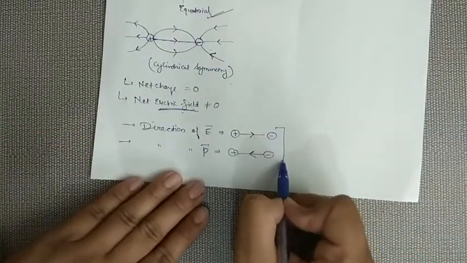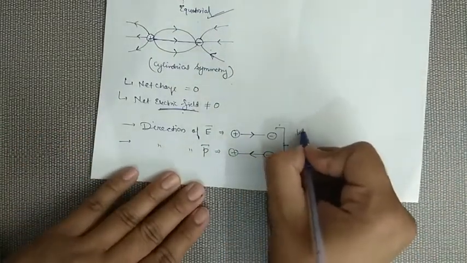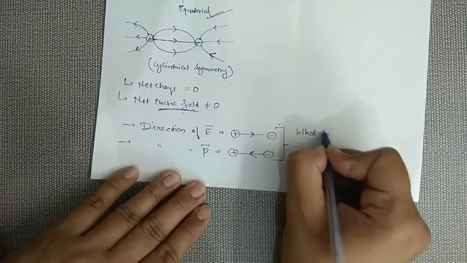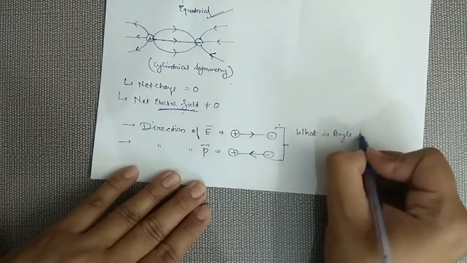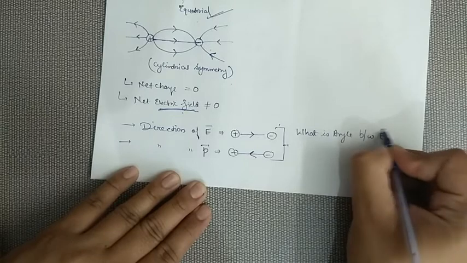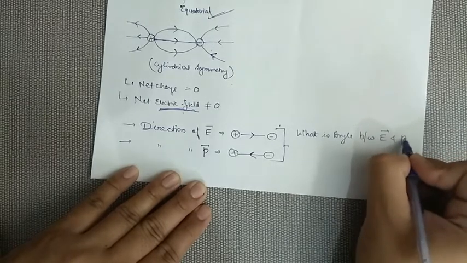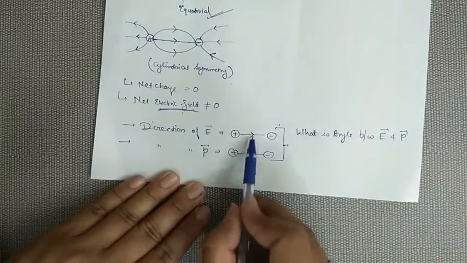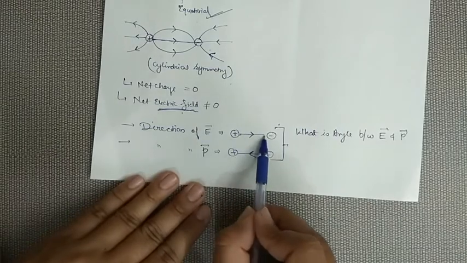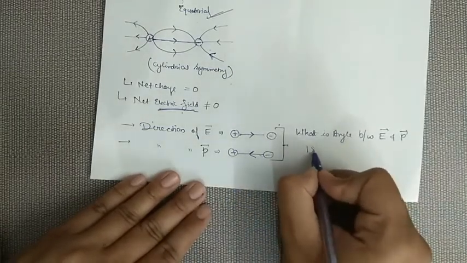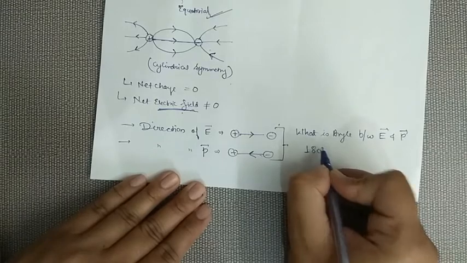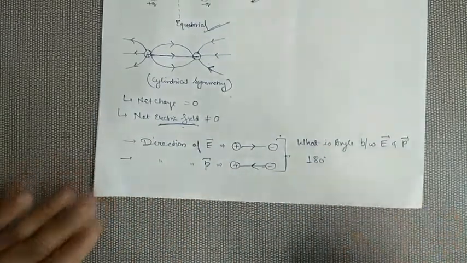So many times the question has been asked, what is the angle between the direction of electric field and the direction of electric dipole? The angle between the direction of electric field and the direction of electric dipole is 180 degrees. So they both differ from each other by 180 degrees.